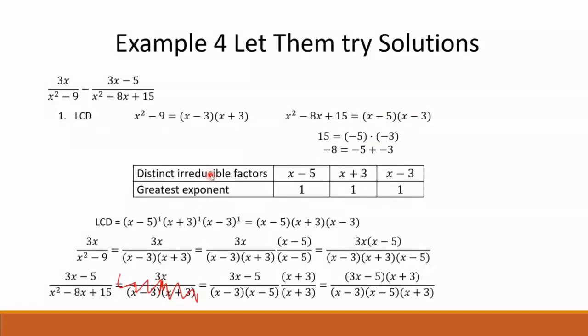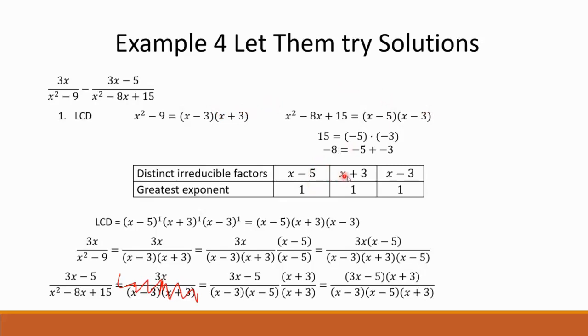Okay, so from here, what do we get? Well, we have x minus 5, x plus 3. So the distinct irreducible factors are x minus 3, x plus 3, right? We have those listed. From here, x minus 5 we list. X minus 3 is already listed. The exponents, as you can see, they're all equal to 1.